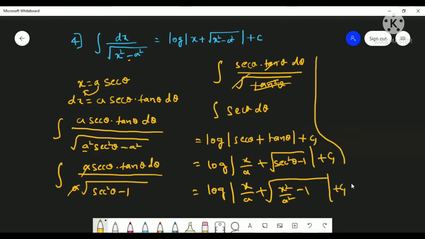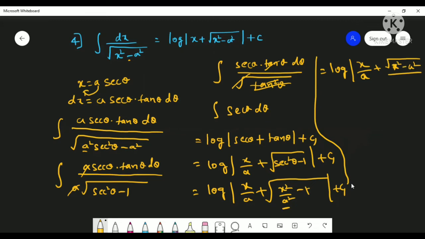Now this becomes log of x by a plus, now I will take an LCM, that is square root of x square minus a square by a square, and if I take a square as the LCM, then afterwards only square root of x square minus a square you got.